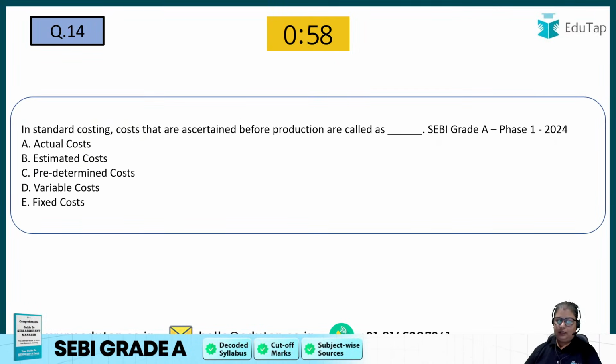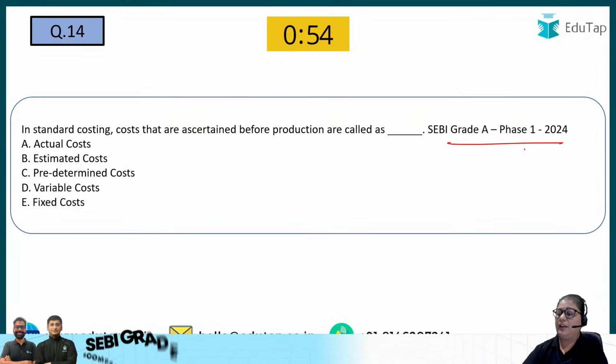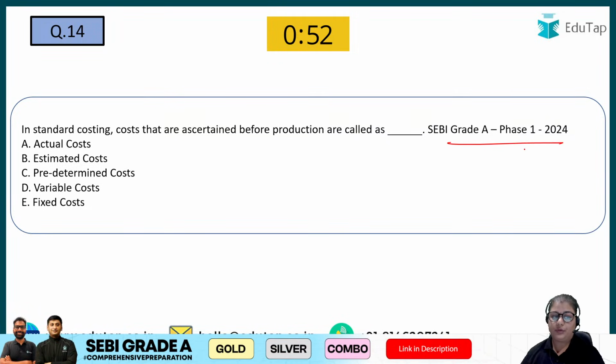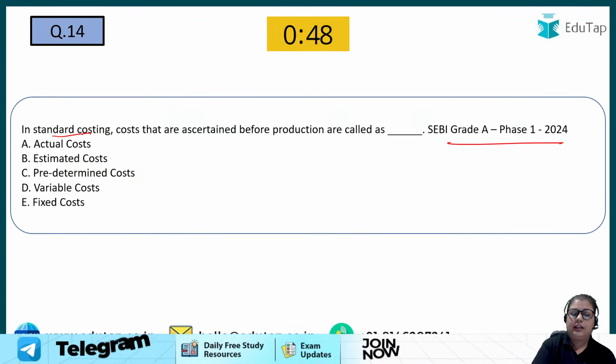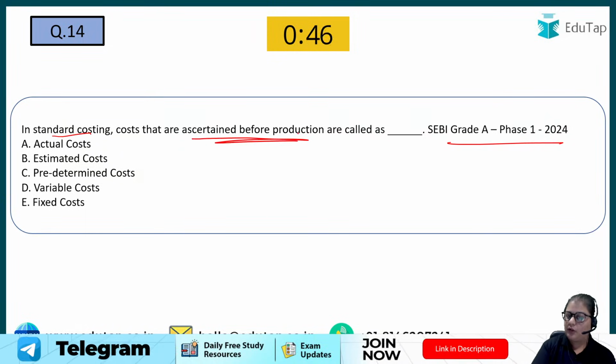Question number 14. This has been asked in the SEBI Grade A Phase 1 2024. Such an easy question. In standard costing, costs are ascertained before the production. Because we are ascertaining it in advance, will we call it the actual cost?